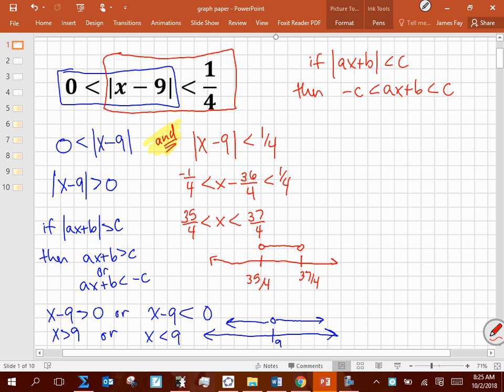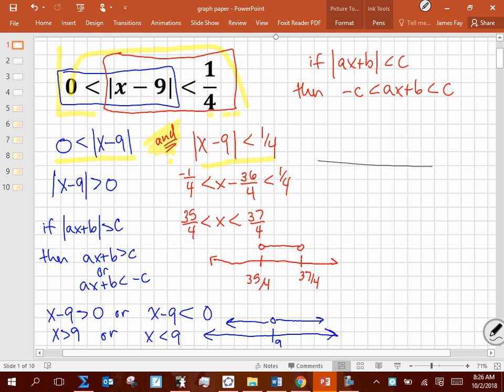Okay, so this blue graph is just information from that. The red graph is just information from that. Remember what we said at the beginning, the overall inequality is a between statement, right? It's an intersection statement. That's why I highlighted that, to remind myself when we're done what we've got to do. We got to come back.